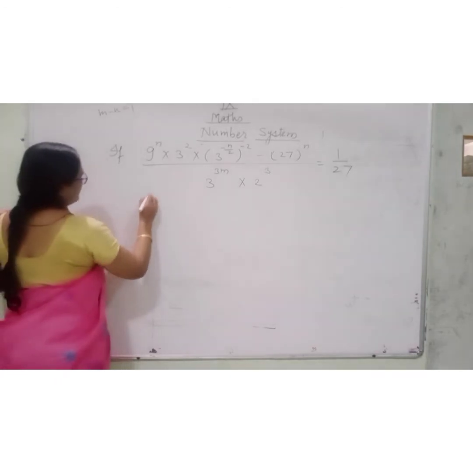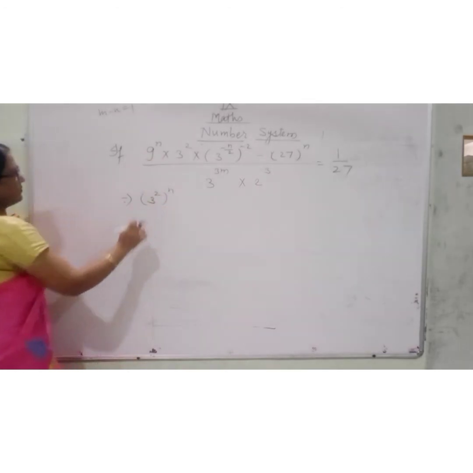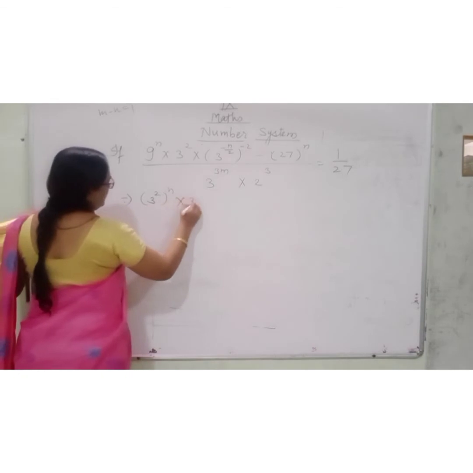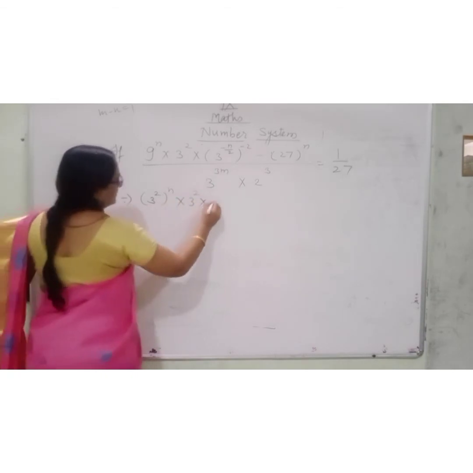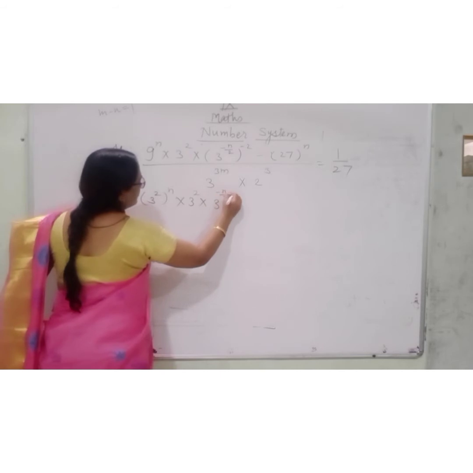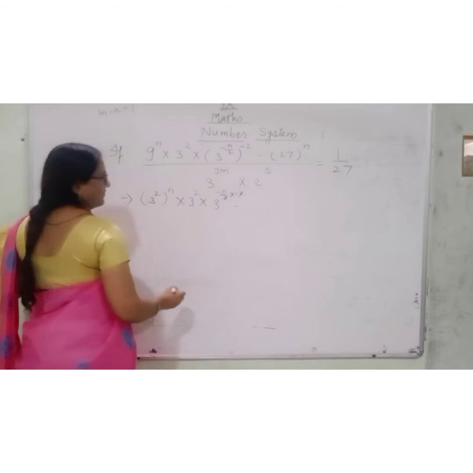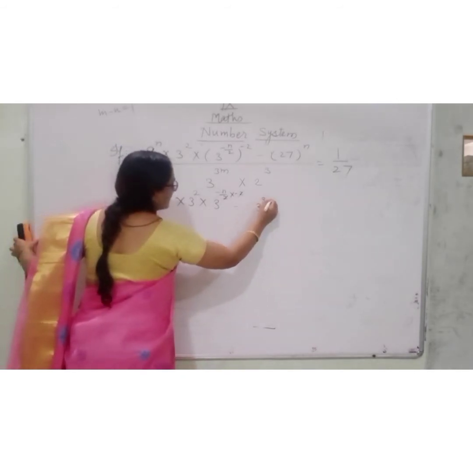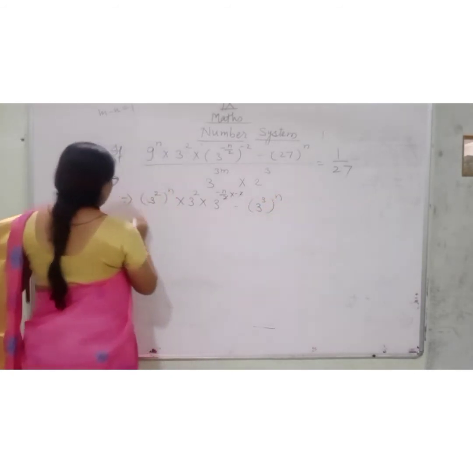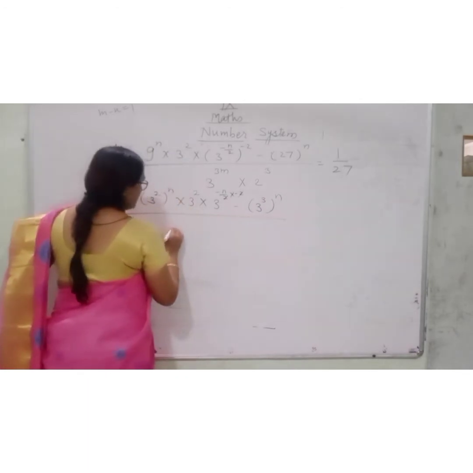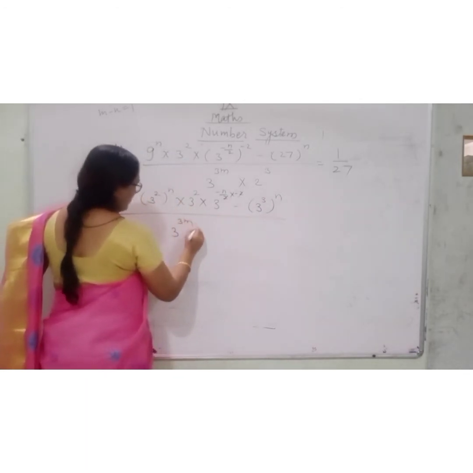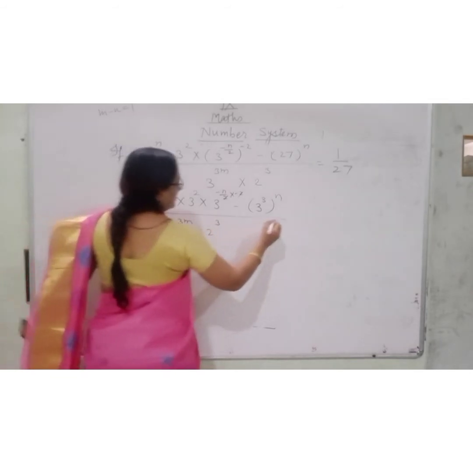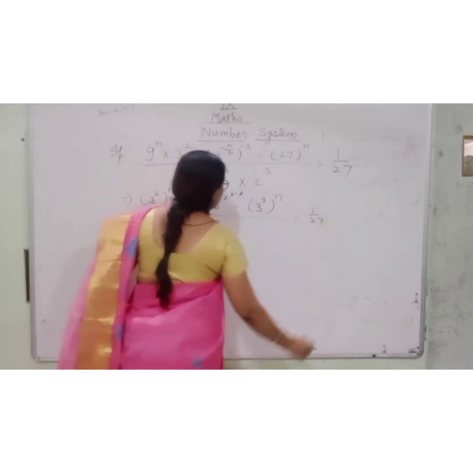So 3 square raised to the power n, I can write this. 9 means 3 square, multiplied by 3 square, multiplied by 3 raised to the power minus n, divided by 3 raised to the power m multiplied by 2 raised to the power minus 2. 2 cancel, minus minus plus. Minus 27 means cube of 3 raised to the power n divided by 3 raised to the power 3n multiplied by 2 raised to the power 3 is equal to 1 upon 27. Okay.